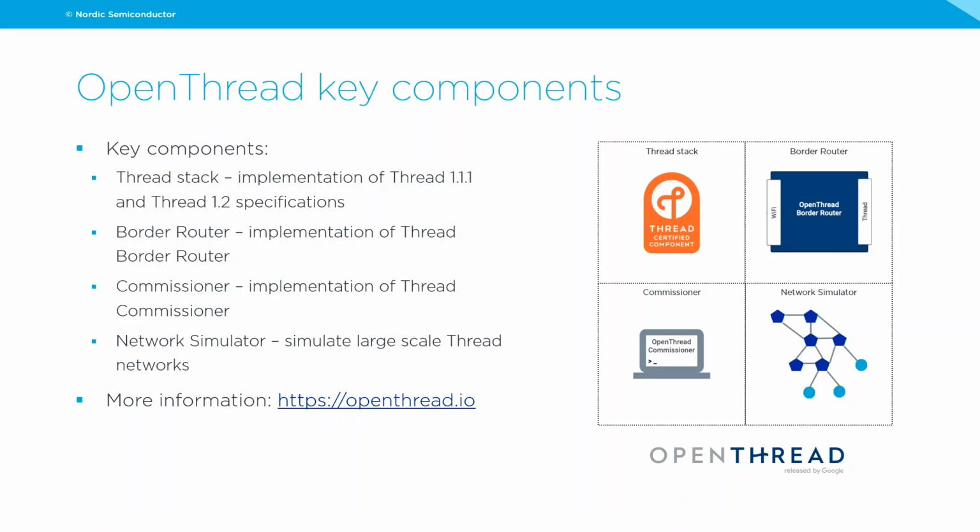You can also use OpenThread Commissioner, which is a cross-platform tool suitable to perform commissioning as defined both in Thread 1.1 and Thread 1.2 with commercial extensions. One of the useful components is the OpenThread Network Simulator. It can be used to simulate Thread networks consisting of tens of emulated POSIX nodes.